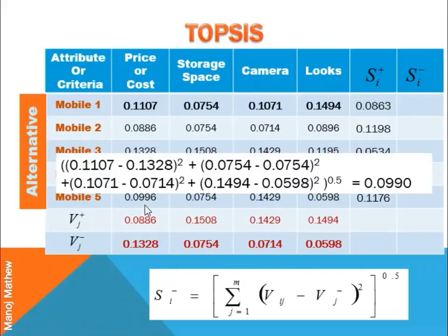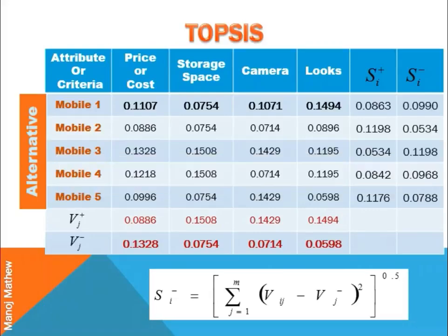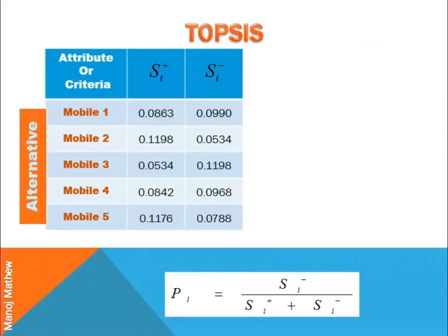The difference is being squared and summed up, and then the square root is taken to get a value of 0.0990 for the first alternative, that is mobile 1. Similarly, we can calculate the Euclidean distance from the ideal worst solution for the others. These are the Euclidean distances from the ideal best and the ideal worst.